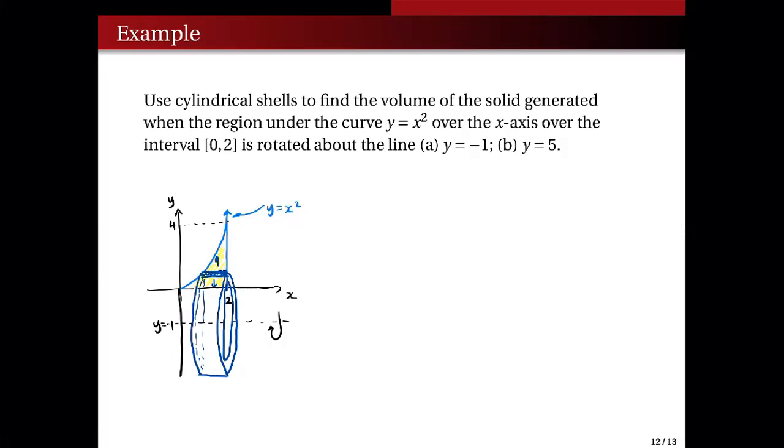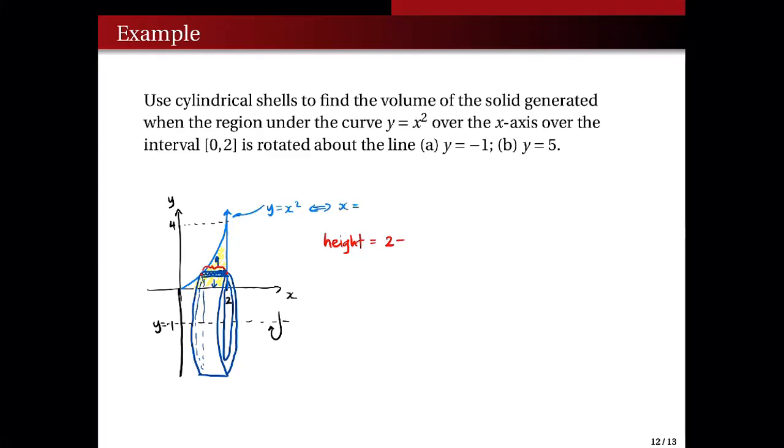So let's start. What's the height? The height is from this point here up to this point here. So it's just 2 minus, keep in mind, this is horizontal. The equation was y equals x squared, but we need x in terms of y.